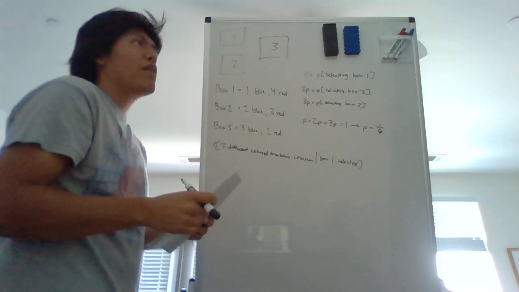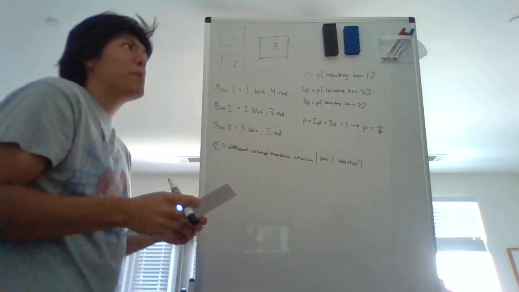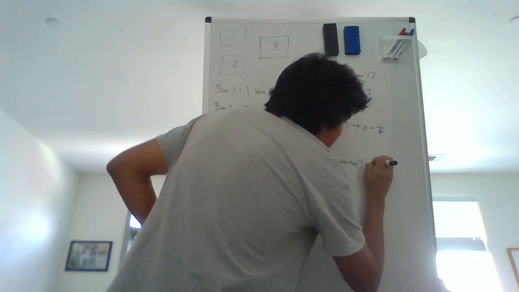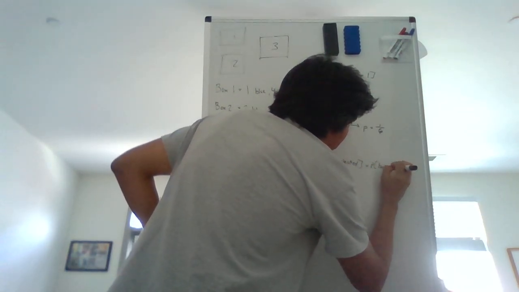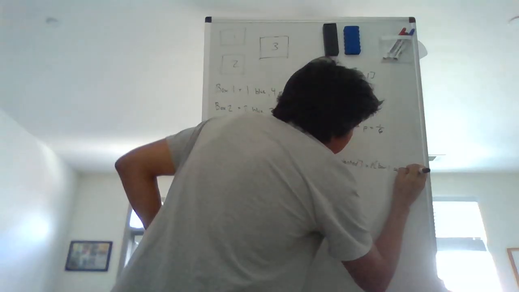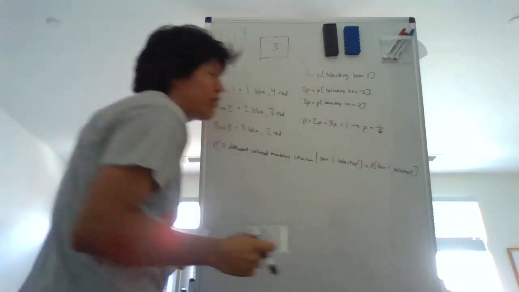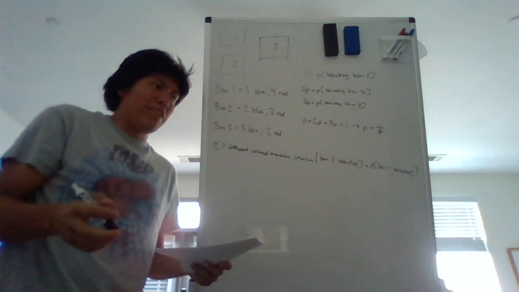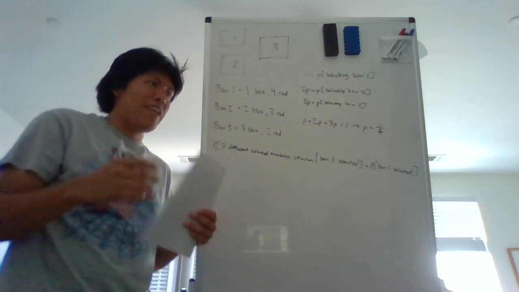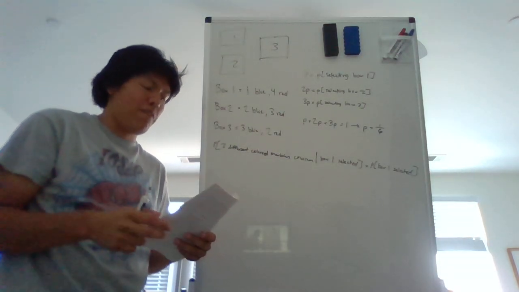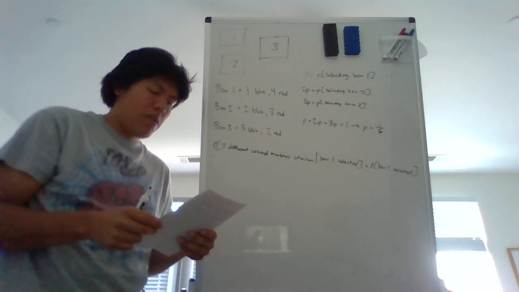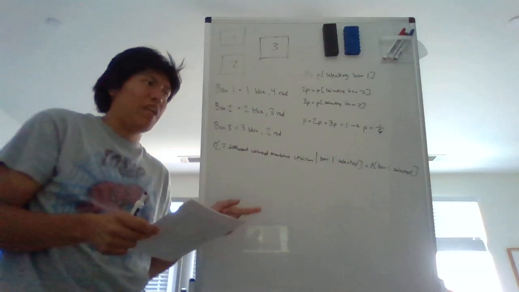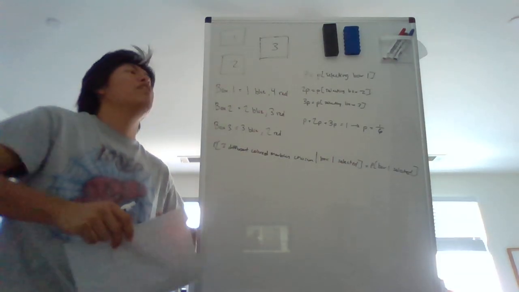Hold on. Okay, yeah. Times probability of box 1 selected. Okay. This, I guess this would be considered a conditional probability, so we're trying to find the intersection of two different colors being chosen and box 1 being chosen.